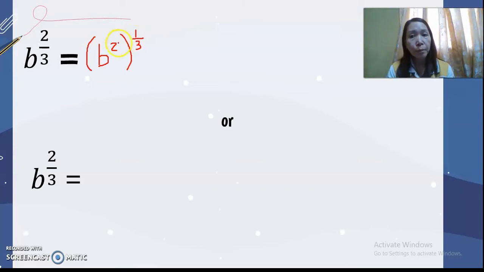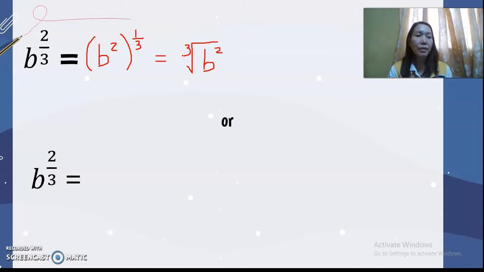When you multiply 2 by 1/3, you get the same thing, which is 2/3. Did you get it? Next, how are you going to write this in radical form? b squared raised to 1/3 is also the same as the cube root of b squared.